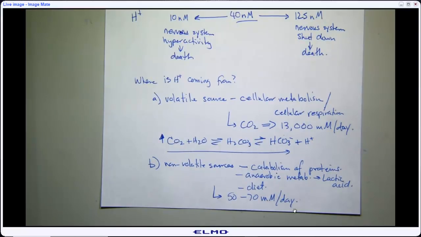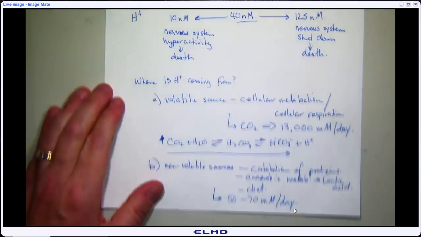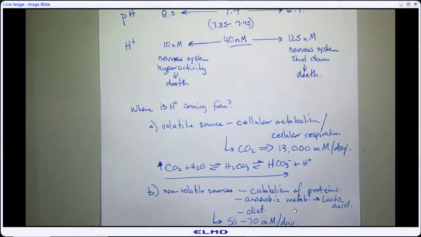So we're making things at the level of 10 to the minus 3 millimolar and having to regulate it around 10 to the minus 9. So we have got to be good at this.